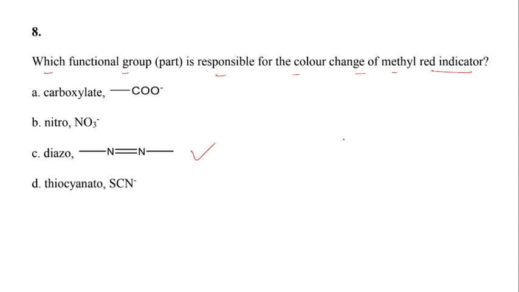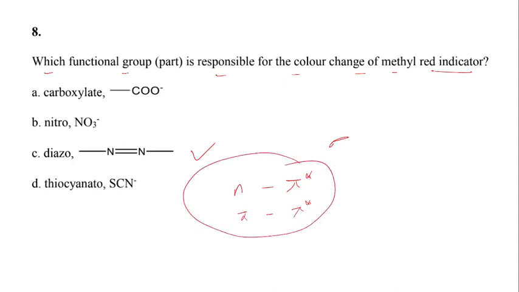Why is it so? I have already told you that there are two transitions: first is n to pi star and second is pi to pi star. These transitions will give color and help to identify.